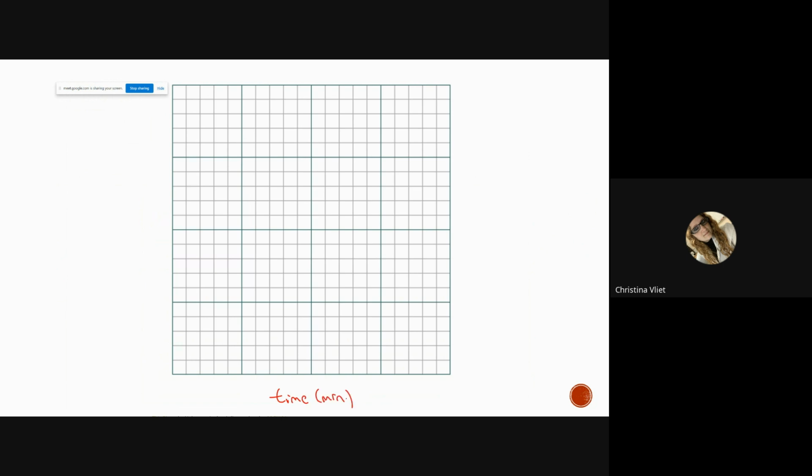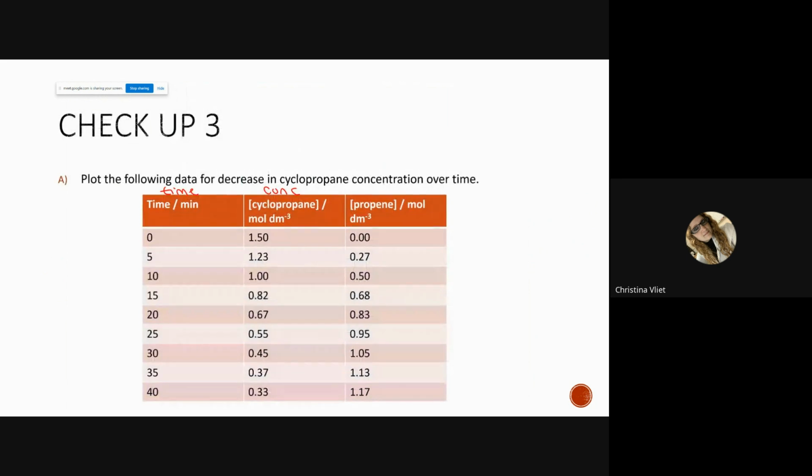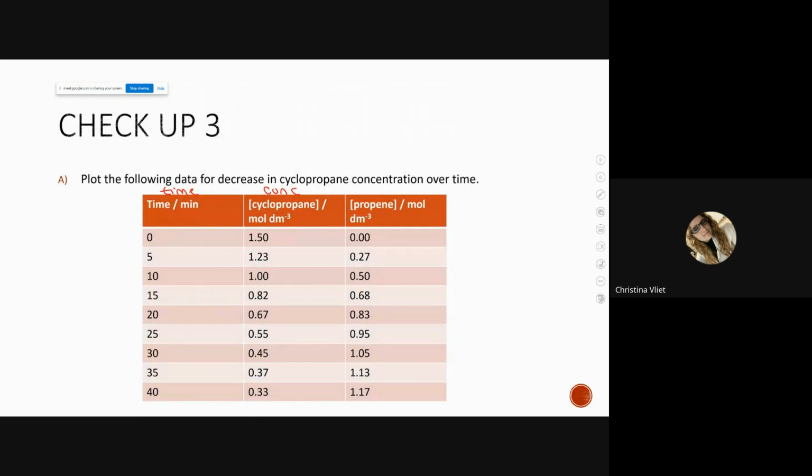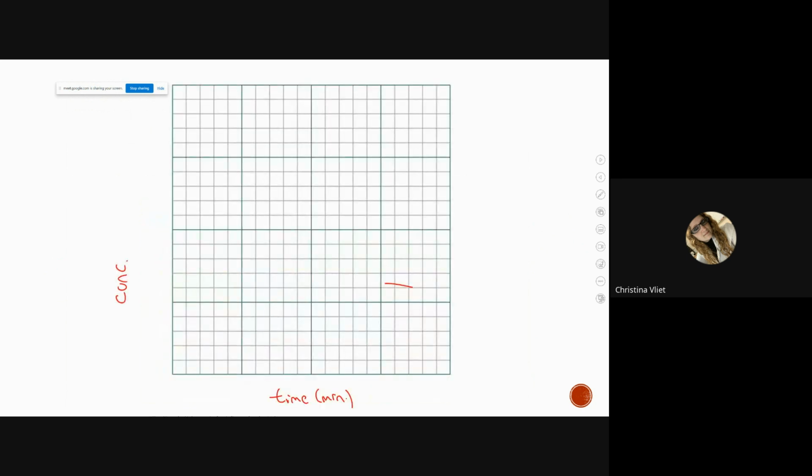You'll just have to consider that if you do math work. And your y-axis is what? Concentration, right? Concentration of what specifically? What are they asking for? Cyclopropane.